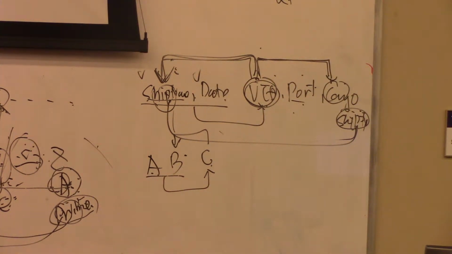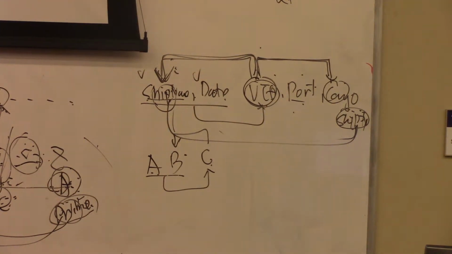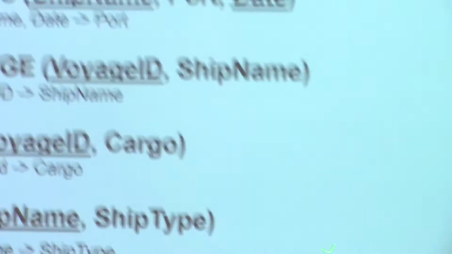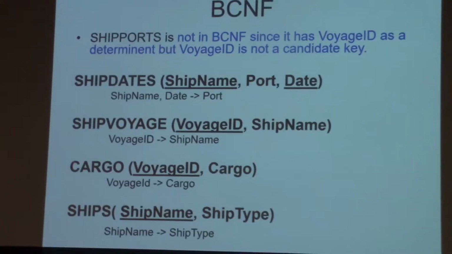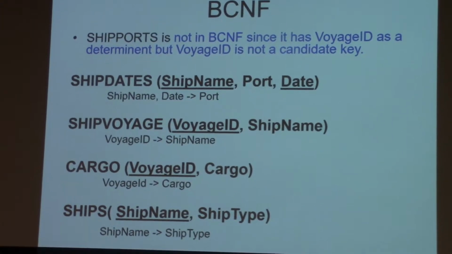So in the BCNF solution, we can separate out voyage ID determines the ship name. So that is the ship, the voyage. We can take out this one and keep the other from the third normal form. So this is BCNF.